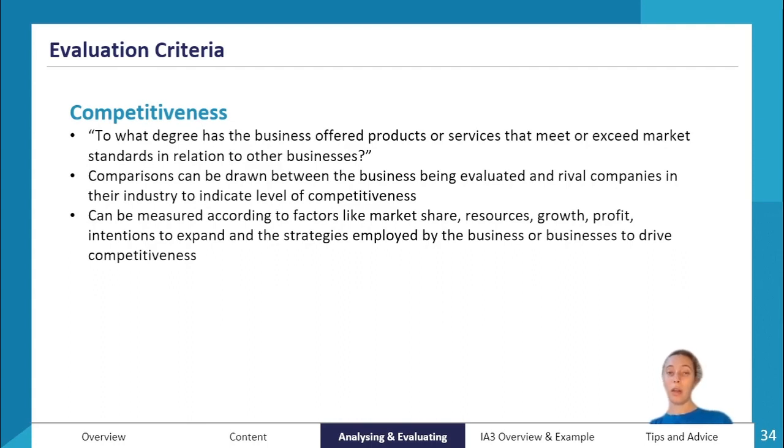So competitiveness is to what degree has the business offered products or services that meet or exceed market standards in relation to other businesses. So you're looking at what other businesses do compared to your business in terms of those products or services, and thinking about who is performing better in those areas.